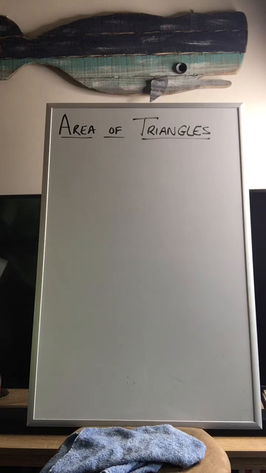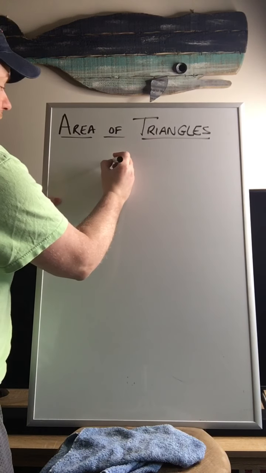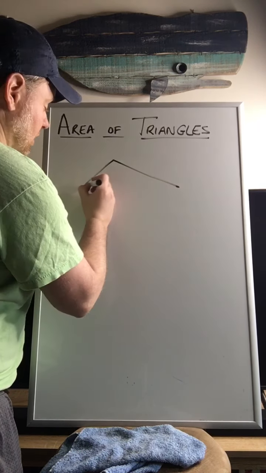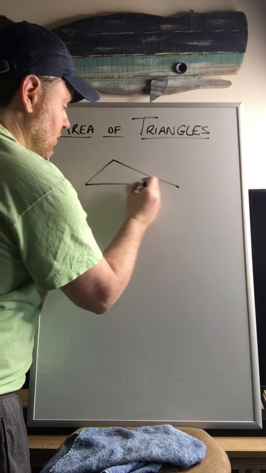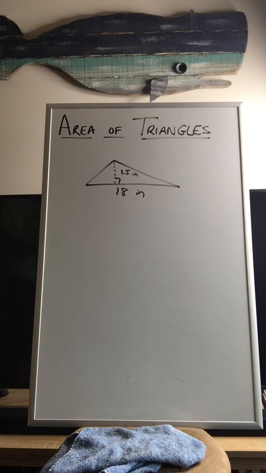So if I had a triangle, let's say maybe a flatter triangle like this with a long base, maybe this was 18 inches, and then maybe this right here was 1.5 inches. Right? So now all I would have to do again was multiply the base times the height, but then I have to divide it by 2.